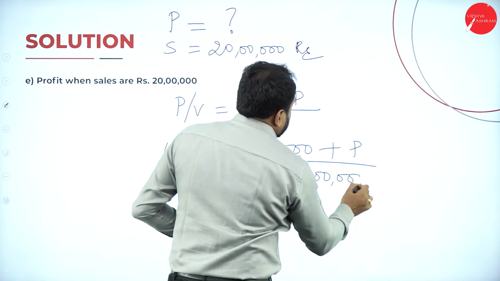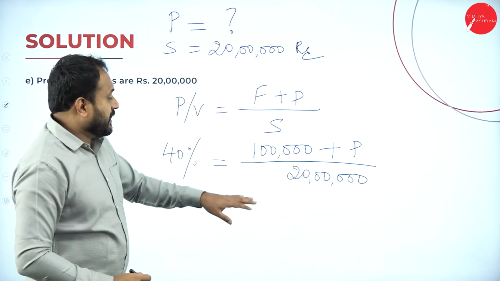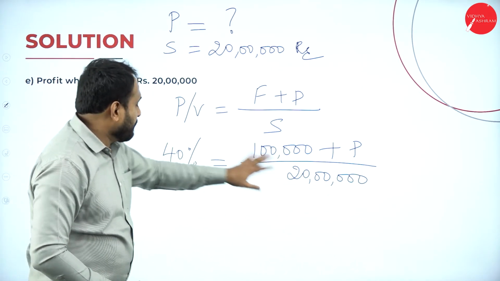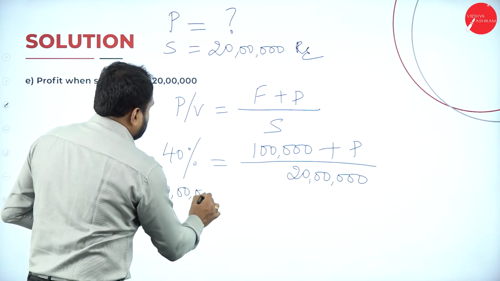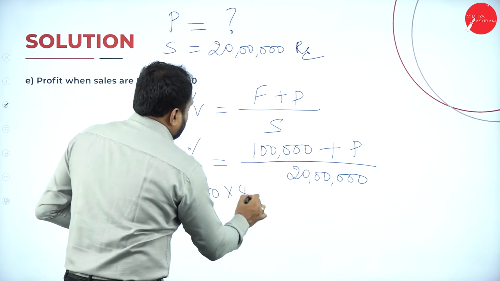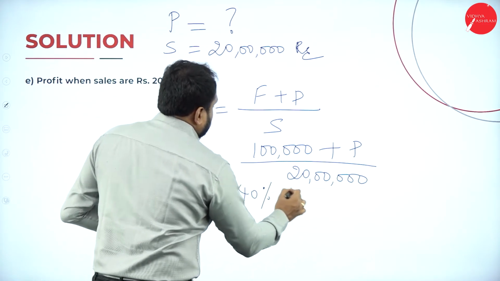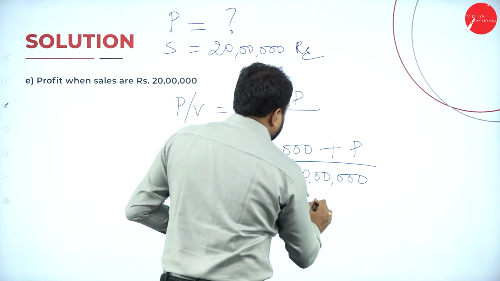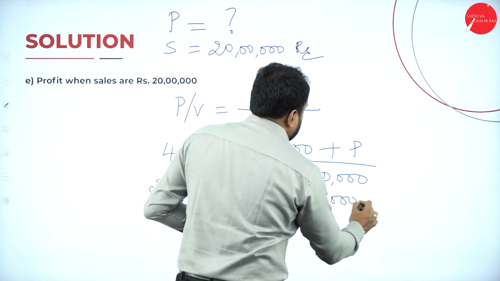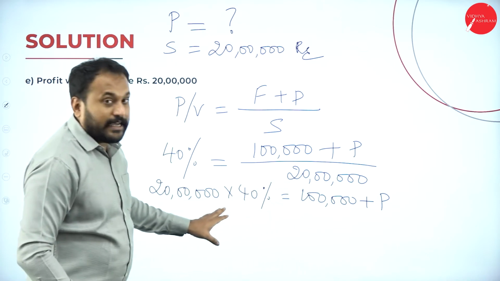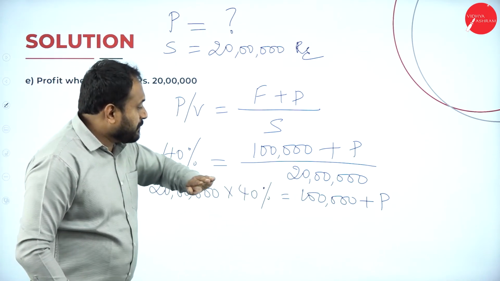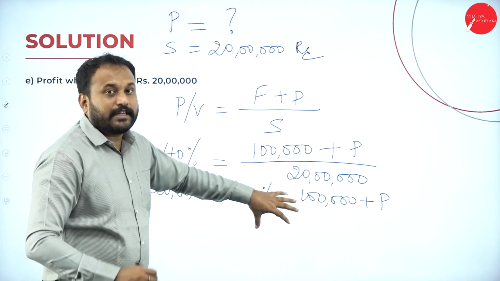That means, how much profit will you get if the sales is 20 lakh. 20 lakh will go here. So 20 lakh into 40% is equal to, we'll write the same here, 1 lakh plus profit. Now you can actually take this 1 lakh and write minus 1 lakh, but let me go step by step, that is what will give you more marks.